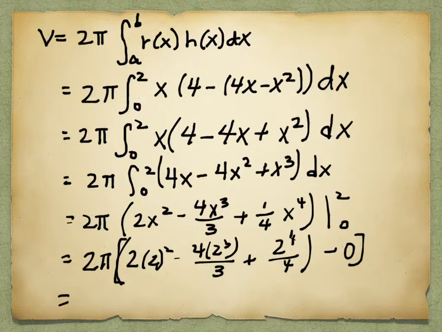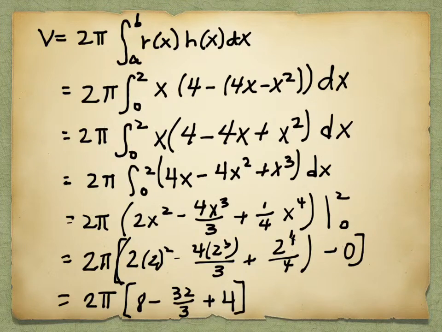What's 2 times 2 squared? This one's 8 minus, what's 4 times 2 cubed? 32 over 3, right? And then what is 2 to the 4th? 16 divided by 4 is 4.